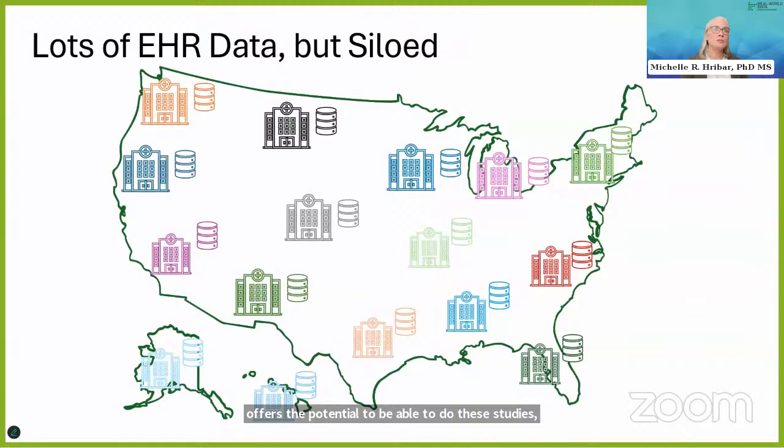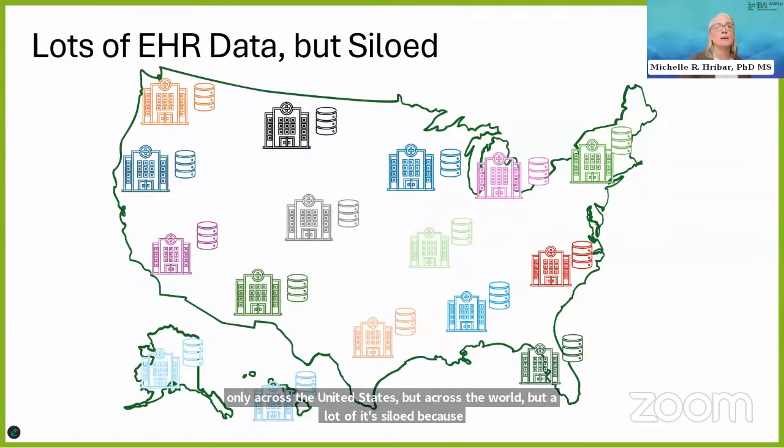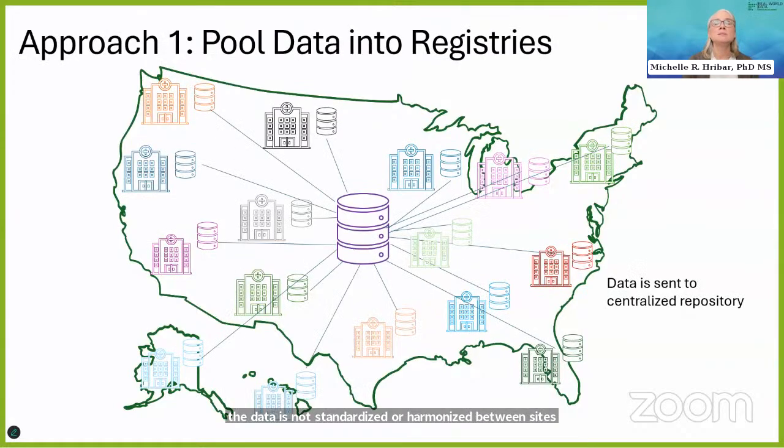And as Dr. Michael Chang already showed us in similar slides, we do have a lot of observational health data in EHRs, not only across the United States, but across the world, but a lot of it's siloed because the data is not standardized or harmonized between sites. And as we've been talking about a lot, one way to overcome this is to pool data into registries where data is sent to a centralized repository.